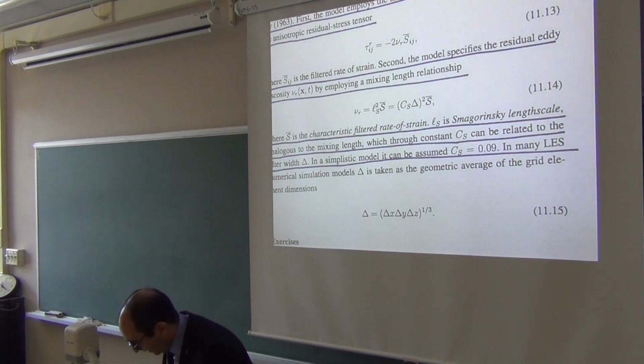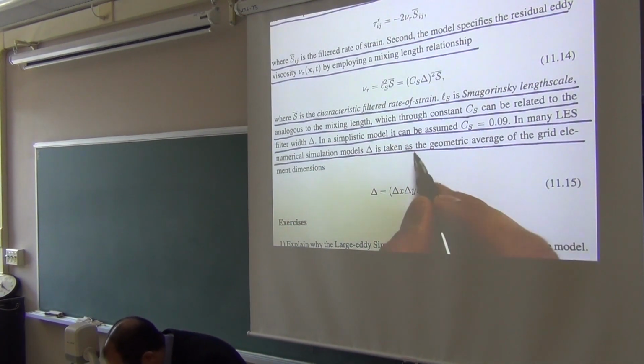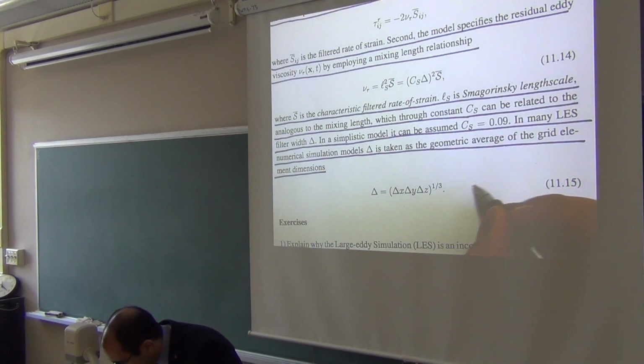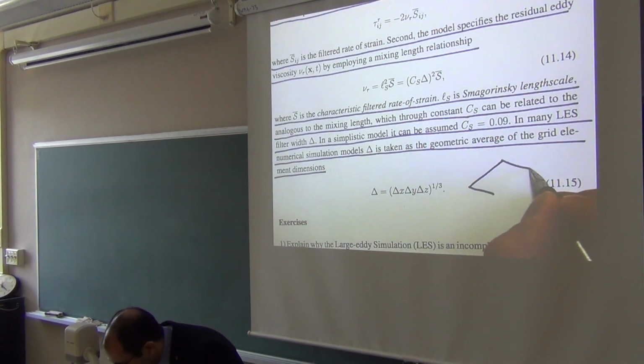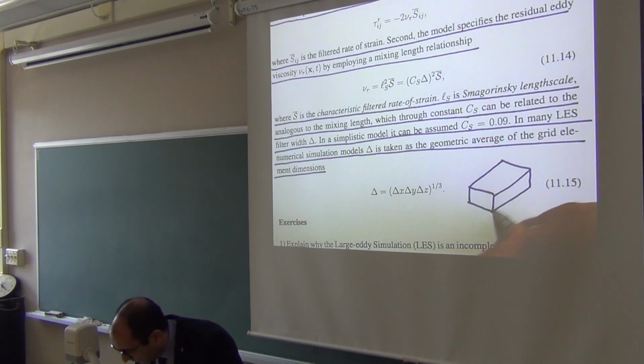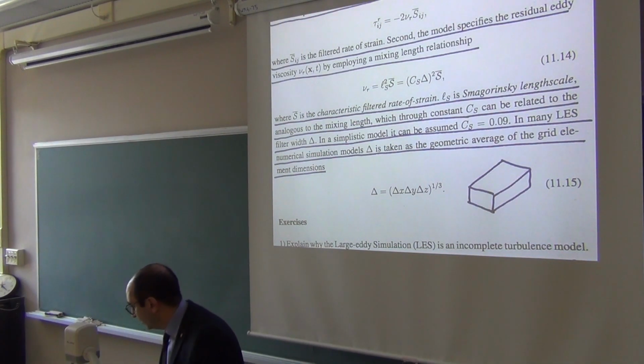Well, the filter length is the local geometric average of the grid. Remember, in any turbulence simulation, numerically, you have a grid somewhere near the wall, on the top, in the middle of the domain.